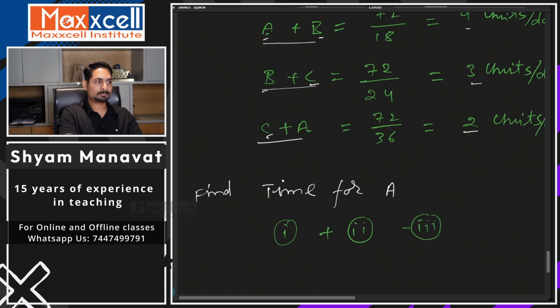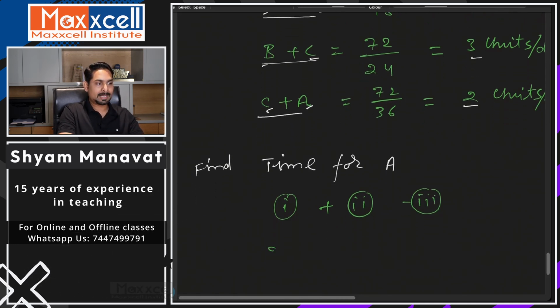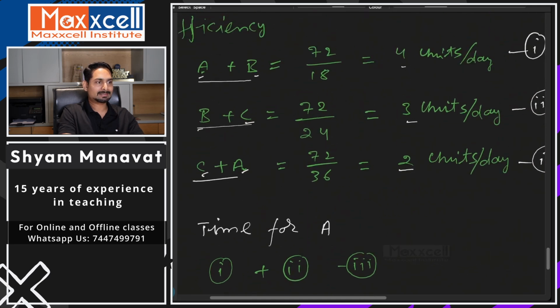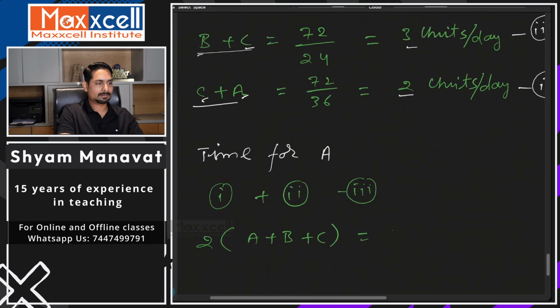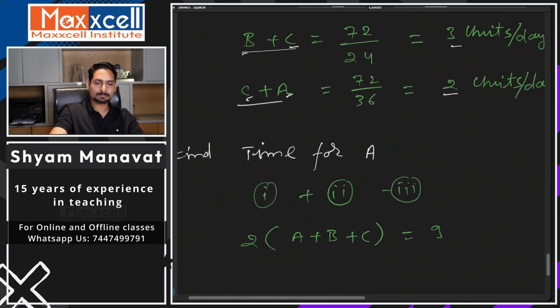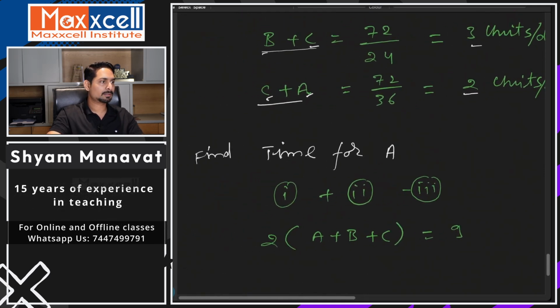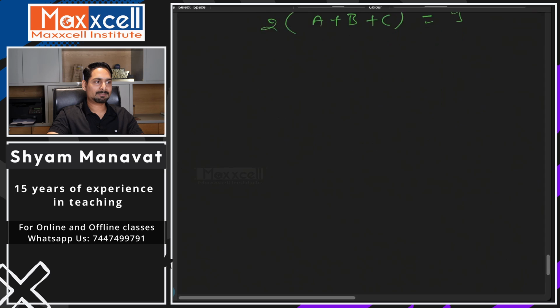So all of them 2 times. If I add all of them, I'll have 2 times A, 2 times B, 2 times C. I can take 2 common, and at the right hand side I'll have 4 plus 3 plus 2, 7 plus 2, 9. Correct? By the way, what are ABC?